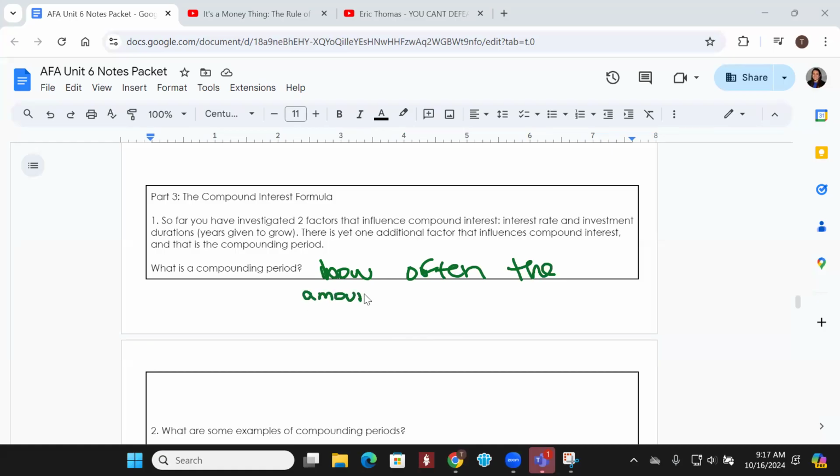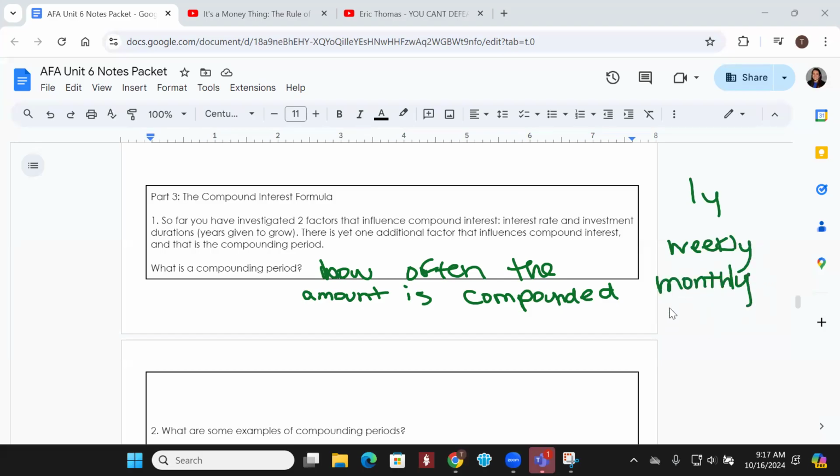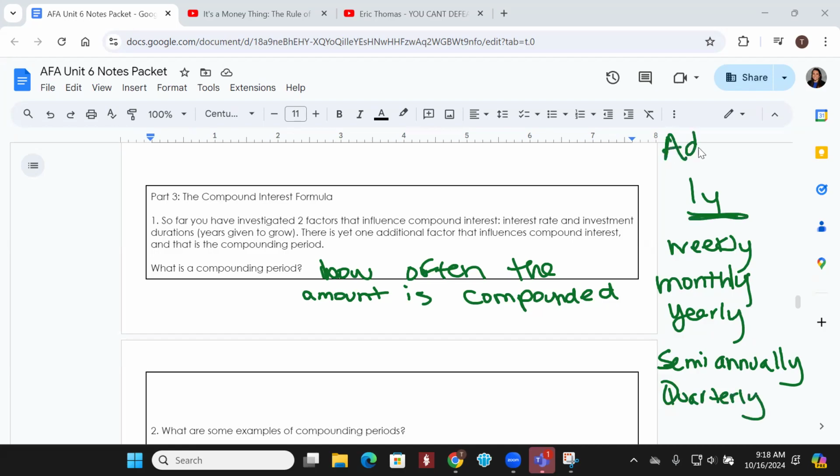Remember we talked about our LY words like weekly, monthly, yearly, semi-annually, quarterly. LY words are called adverbs.